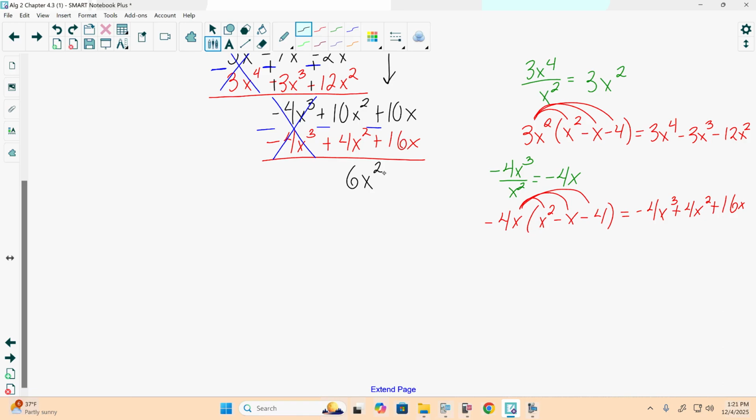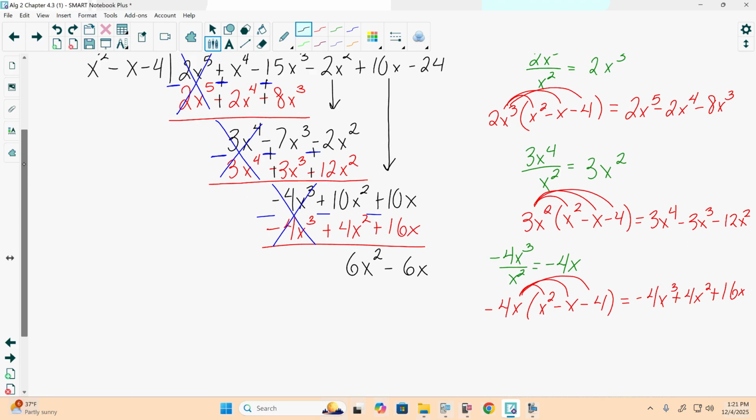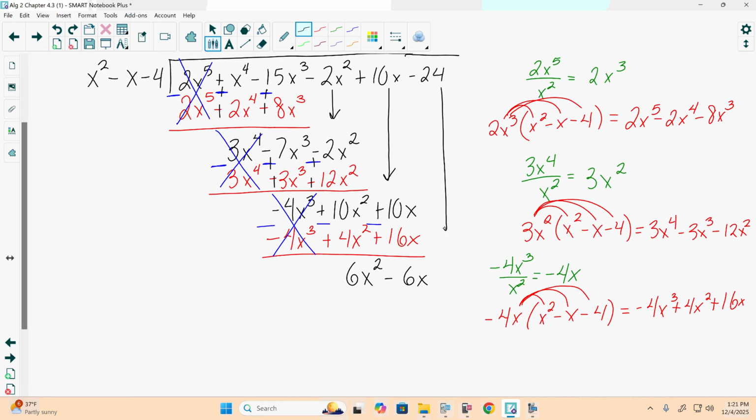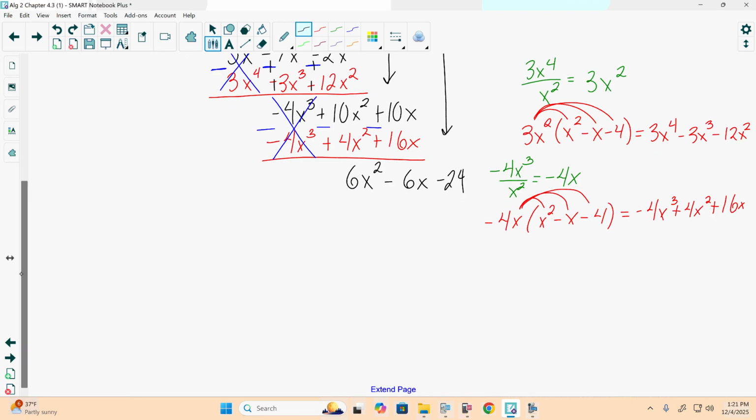That's fine. 10x minus 16x is going to be negative 6x. And then we bring down the negative 24, yes?